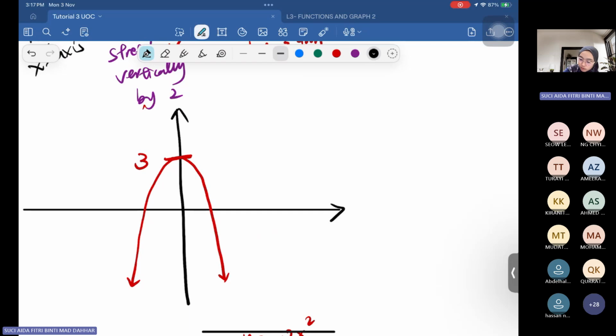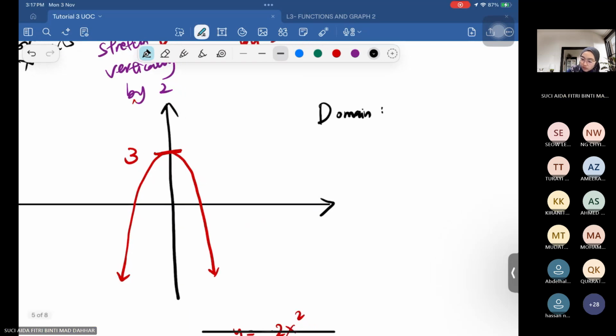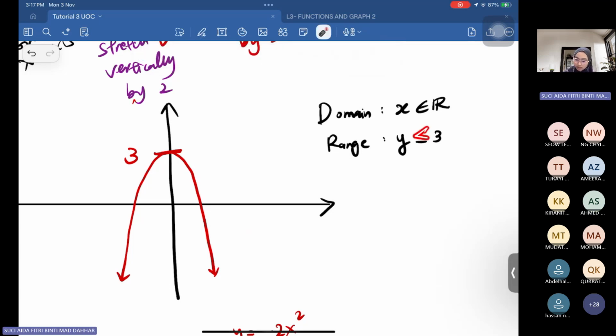Now give me the domain, class. The x values are all real numbers. How about the range? y is less than or equal to 3.